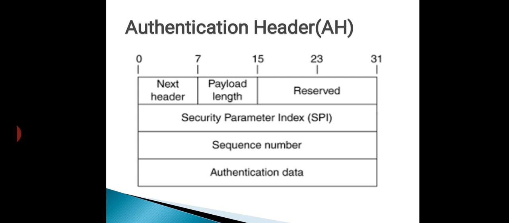And then the sequence number, to prevent replay attack. Authentication data, also called the integrity check value for the datagram. This value is a MAC used for authentication and integrity purposes.